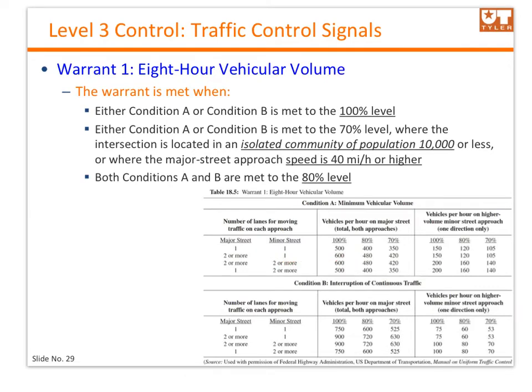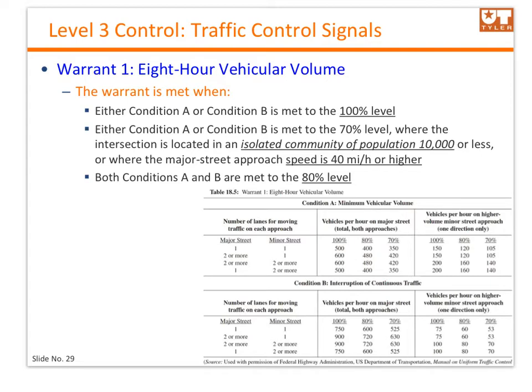The 500 here is somewhere between 80% and 100%. If the traffic on the minor street is about 100, then 105 is the minimum for 70%, so for this condition it is 70%.